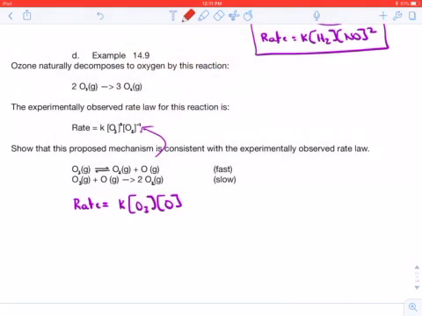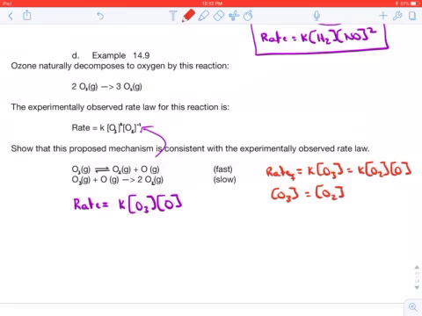So, switching colors again, back to red. If we're writing our rate law for our fast reaction in the forward direction, rate equals K times the concentration of O3. And the reverse reaction, which is equal to it, is K times O2 times the concentration of O. So that leaves us with O3 equals the concentration of O2 times the concentration of O. So we have to isolate O because that's what we need to replace it with.